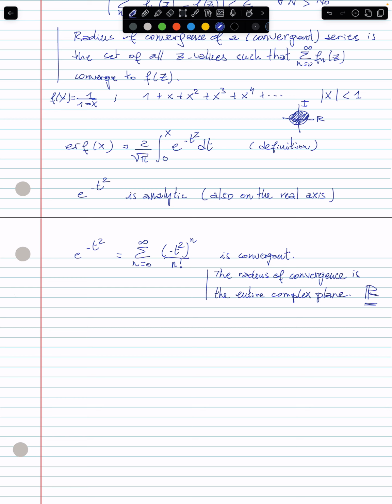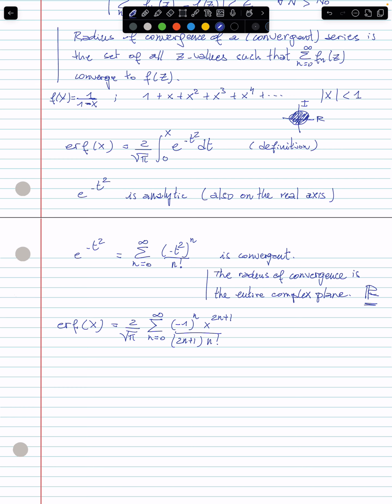All right, and so if we use this definition for the exponential of minus t squared, and push it into the definition of the error function, then we can integrate term by term, and we end up with the error function being 2 over square root of pi times the sum of minus 1 to the power n, x to the power 2n plus 1, divided by 2n plus 1, multiplied by factorial of n. We swap the summation and integral operators, which we can do because what we obtain at the end is also a convergent series on the entire complex plane.